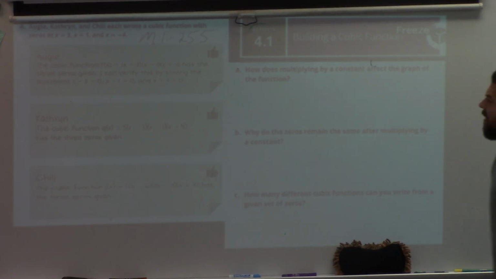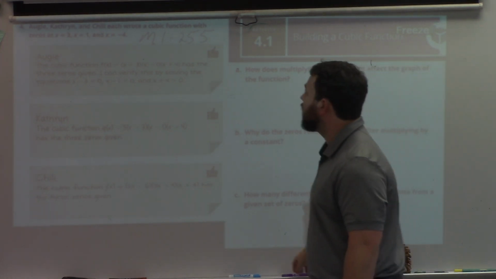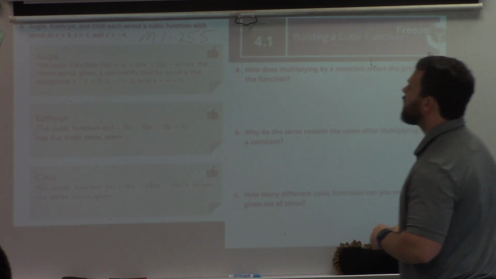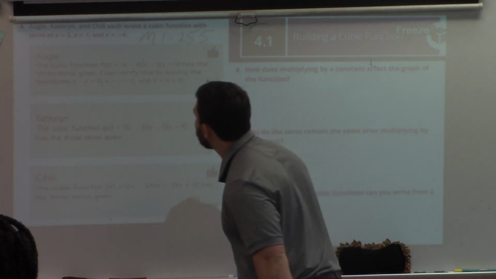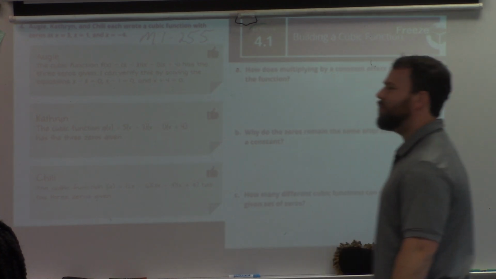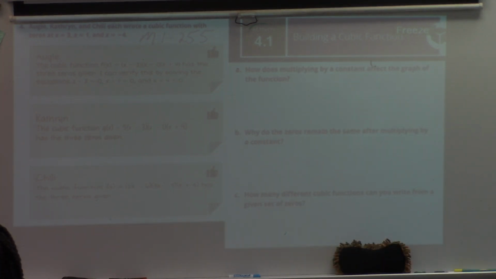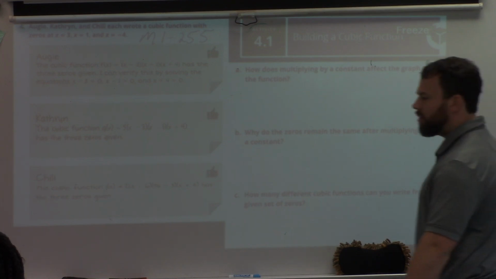All right, so right here: Augie, Catherine, and Chili each wrote a cubic function with zeros at x equals 3, x equals 1, and x equals -4, okay? So I want you to look at these equations.